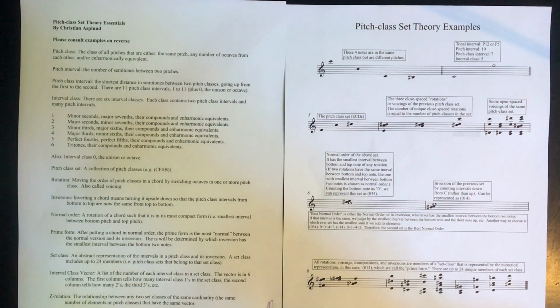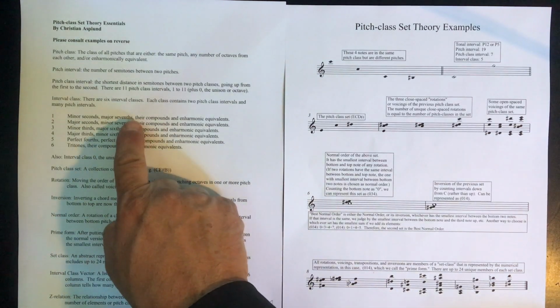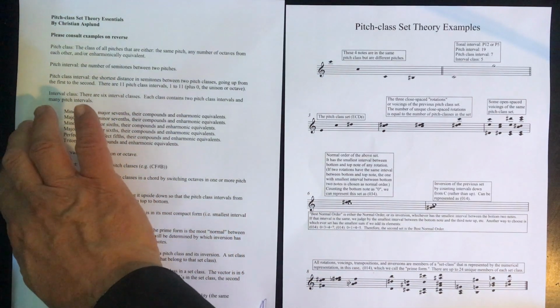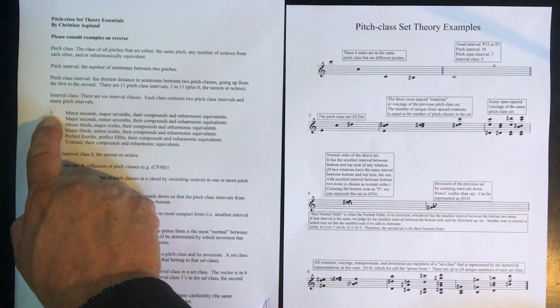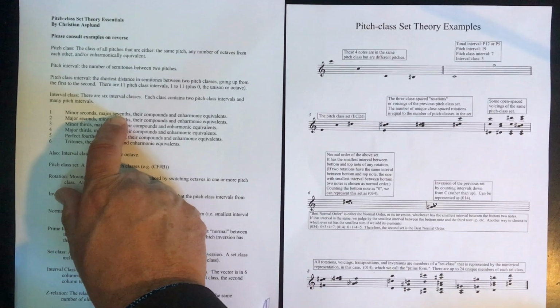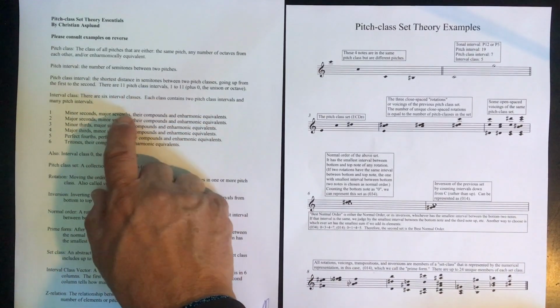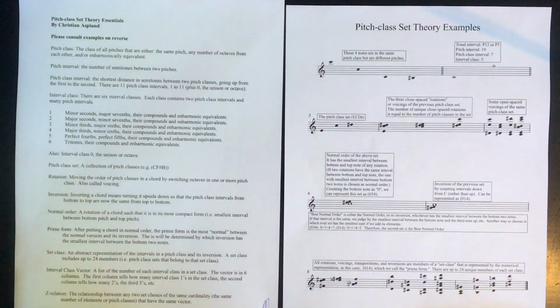We have 6 interval classes total, and that's what you've got over here. Interval class 1 includes minor seconds and major sevenths, or their compounds and harmonic equivalents. Compounds being, you know, a minor ninth, or the major seventh.